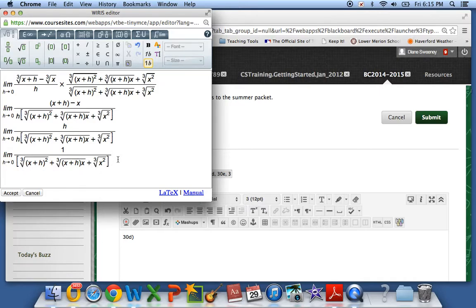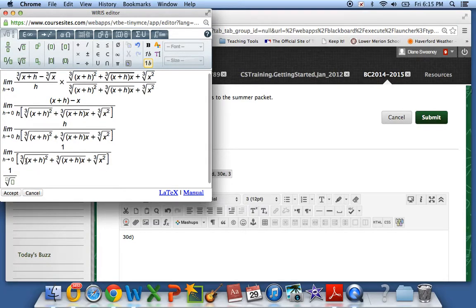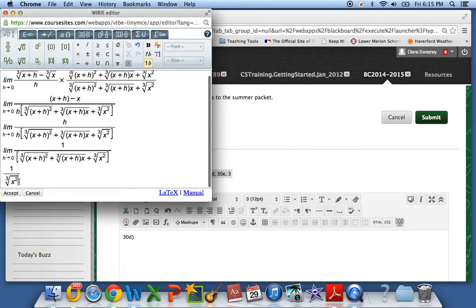And now we can take the limit as h approaches 0. Clearly we're going to be left with just a plain old fraction. You know that in the numerator we're going to have a 1. In the denominator, though, this h is approaching 0. So we're just going to have the cube root of x squared, and then we're going to have plus the cube root of x squared, sorry.